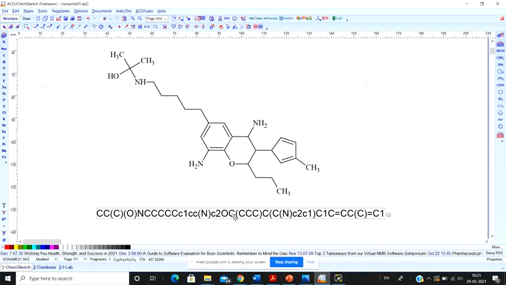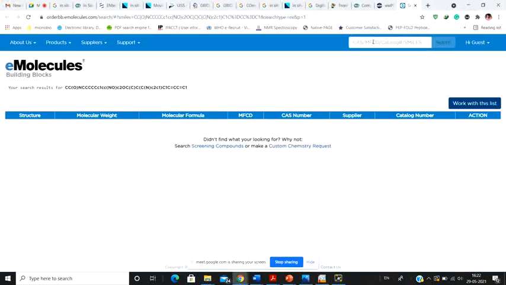For example, suppose you need to share this structure with your friend or with your guide. How would you do it? Are you going to draw the structure and send it to him? It's going to take a lot of time. Rather, simply send the SMILES, because there are multiple software packages which can read this SMILES notation. See, here also you can upload the SMILES.